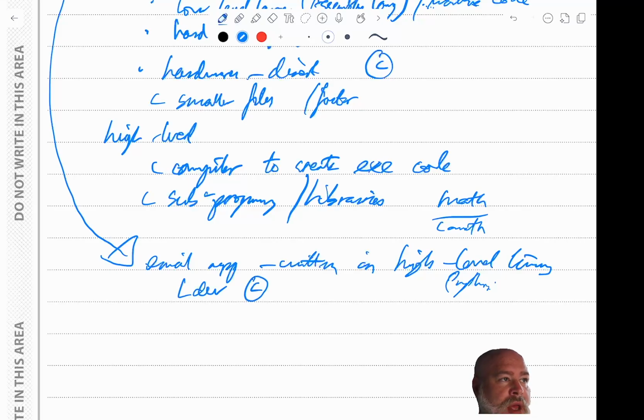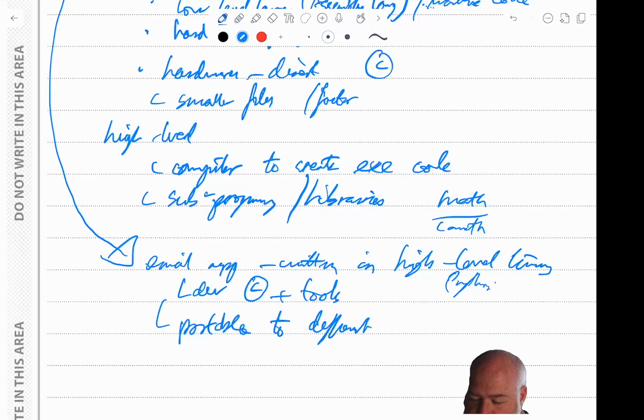Much quicker. You could say plus tools are already there. You could say portable to different phones.